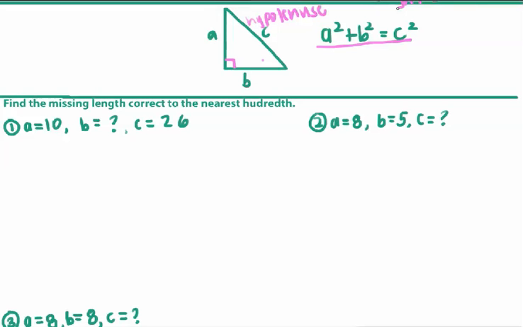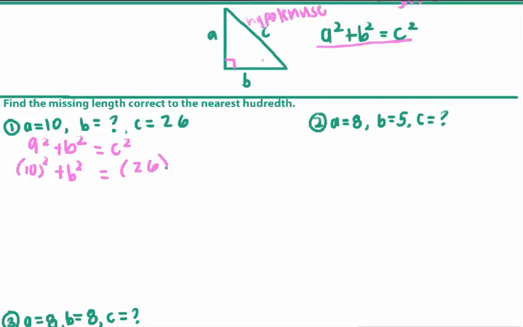So all you do is plug these numbers into the Pythagorean theorem. Remember, it's A squared plus B squared equals C squared. You're trying to solve for B this time. So A is 10, but we have to square it. We don't know what B is, so we just leave it as B squared.